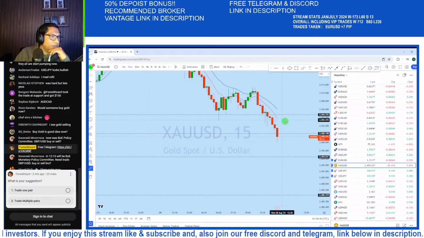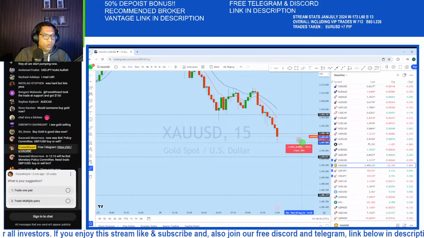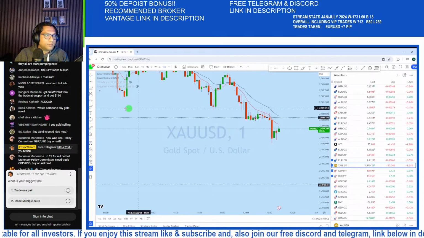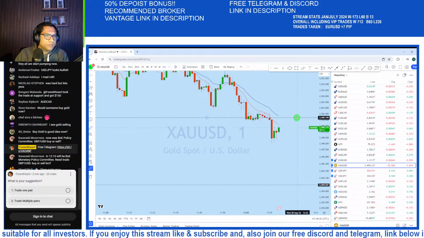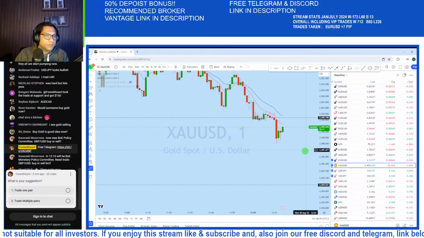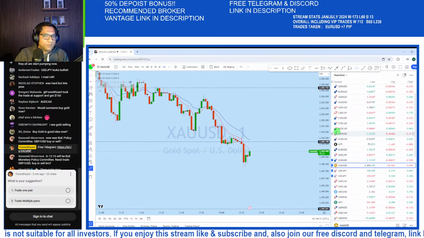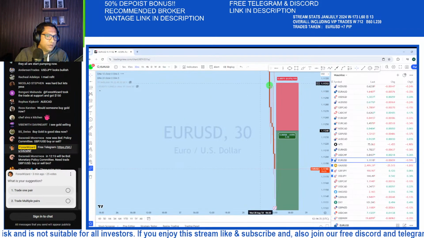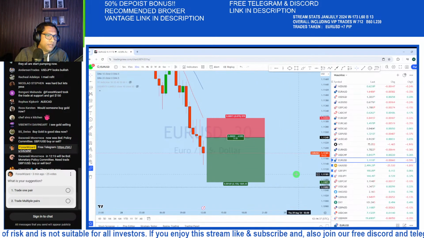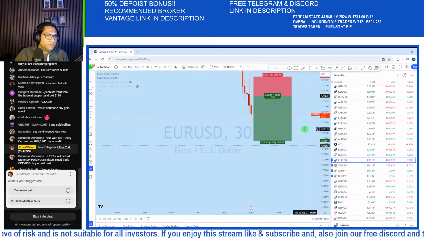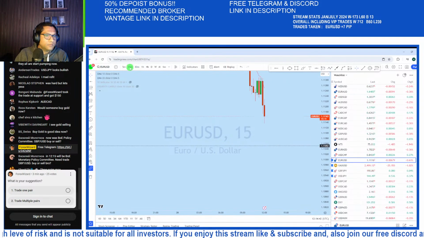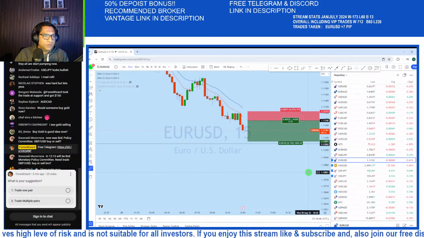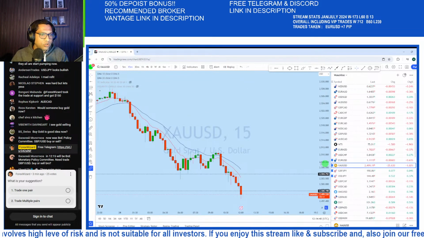You see a very good volatility on gold at the moment. And euro dollar has finally broken that support. Keep pushing down. Yeah, euro dollar may continue to drop.